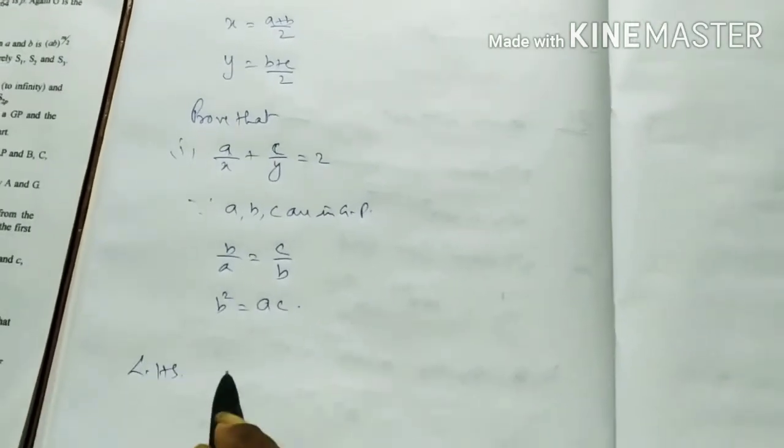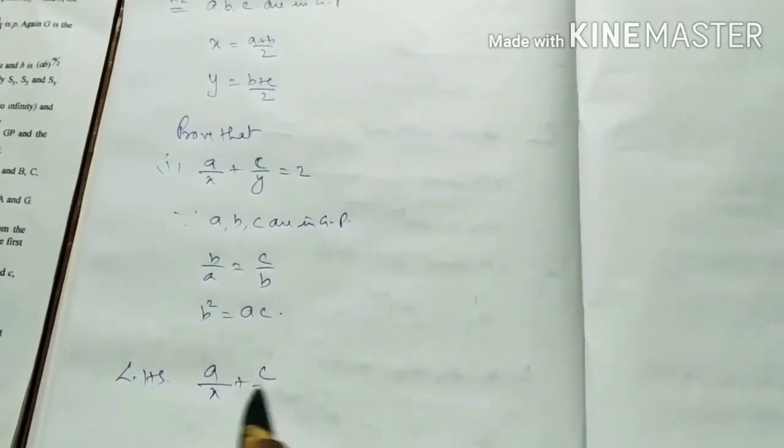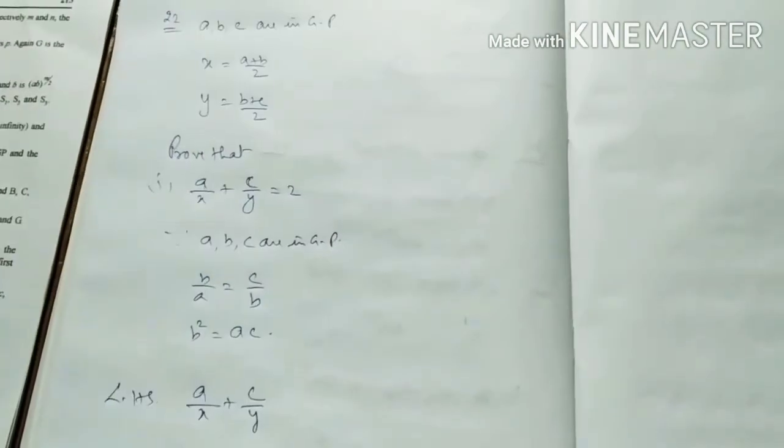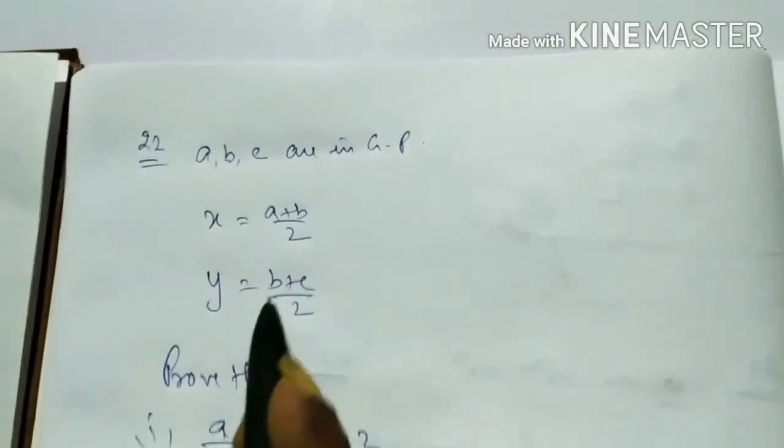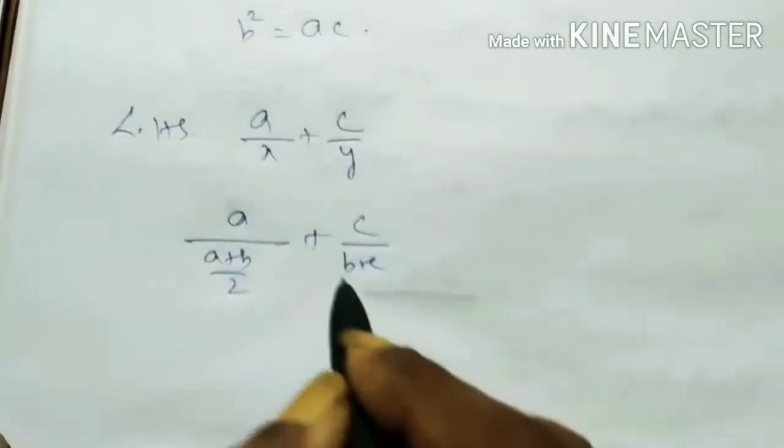I can write like this. Now left hand side, A by X plus C by Y. What is X? This is A by A plus B by 2 plus C by, what is Y? This is B plus C by 2.